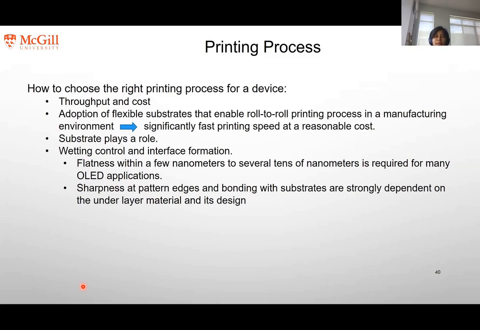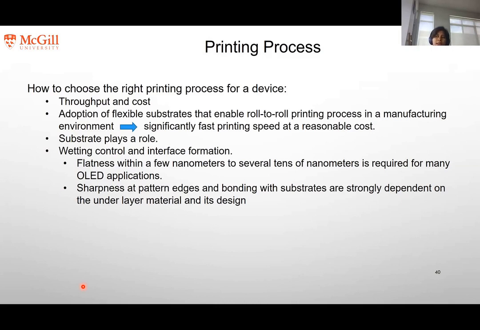Depending on what printing process we use, things can take different timelines to print devices. We also want to see which one can adopt roll-to-roll processing, because it can increase the print speed. It's basically the speed of making a device at a reasonable cost.